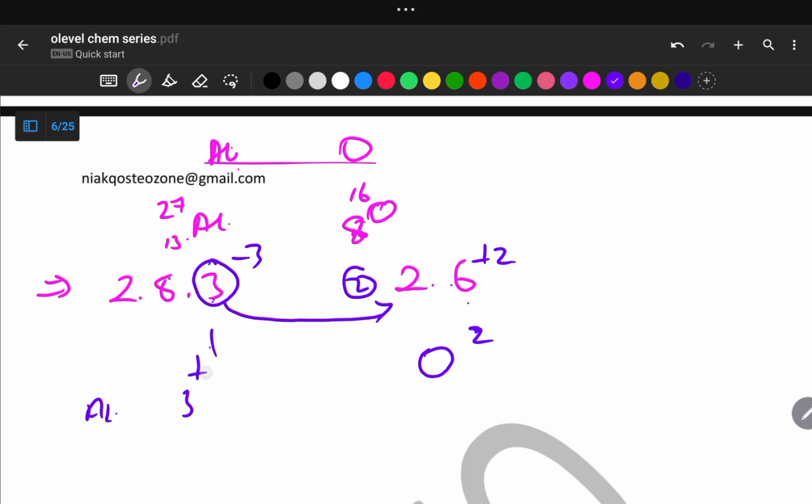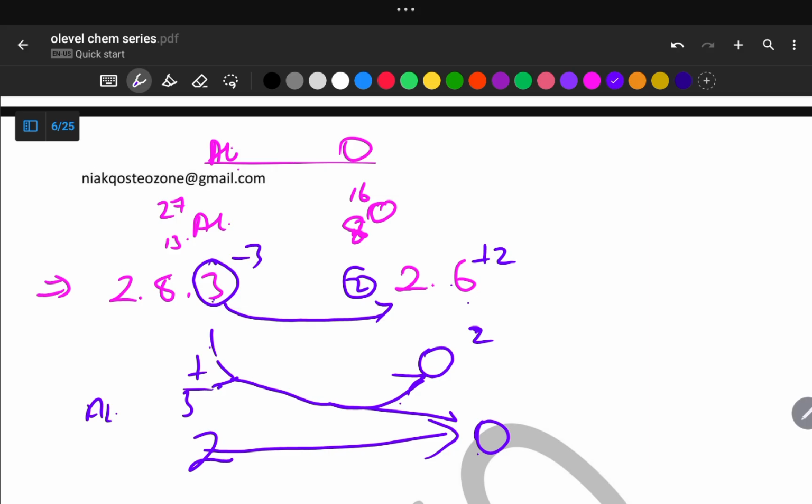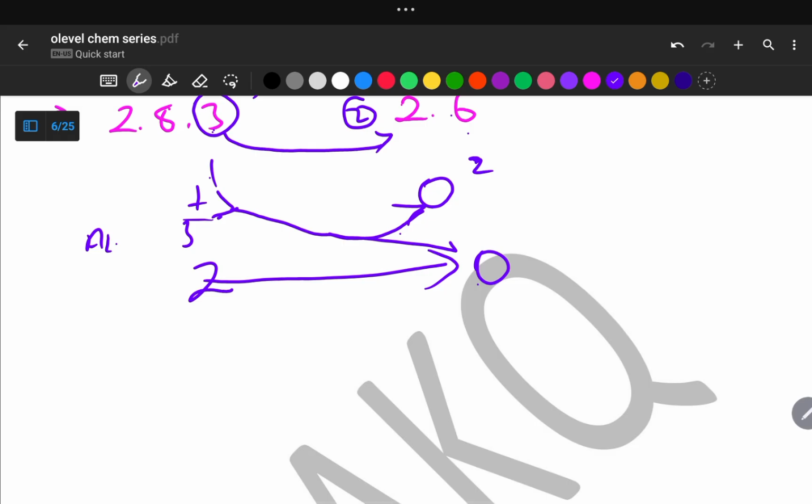So we now have a total of 4 electrons. This will give this oxygen atom 2 electrons, and then we are left with 2 electrons. Then we'll give another oxygen atom these 2 electrons so that we have no remaining electrons, right? So we have used 2 aluminium atoms and 3 oxygen atoms, right?